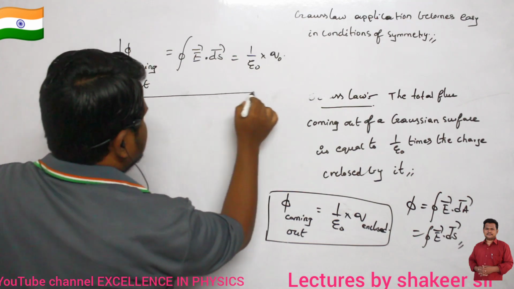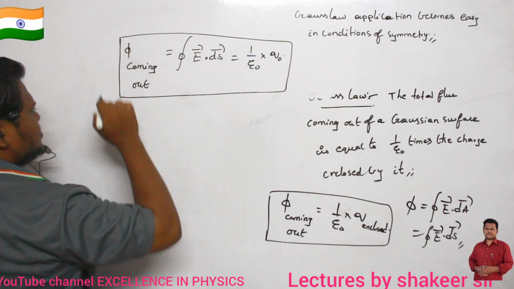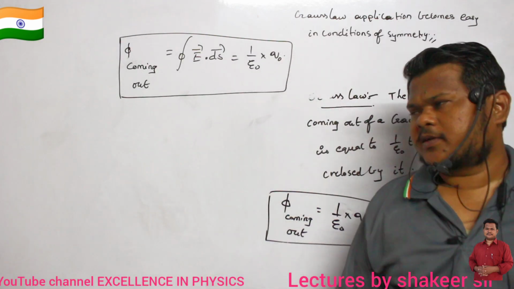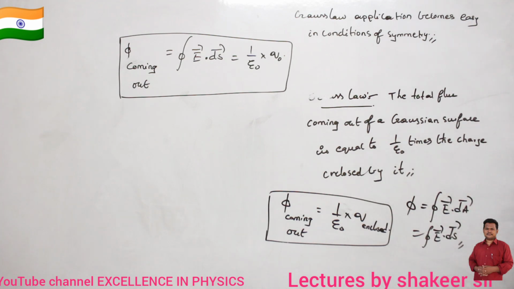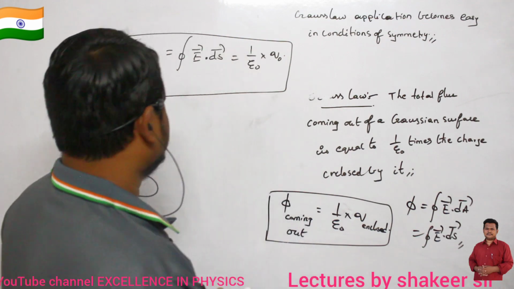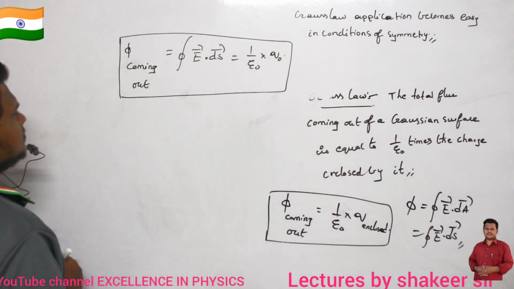These are the two equations for flux coming out of a surface. I can use closed integration of E dot dS, or I can use 1 by epsilon naught times the charge enclosed. So let us try to understand this with the help of an example.